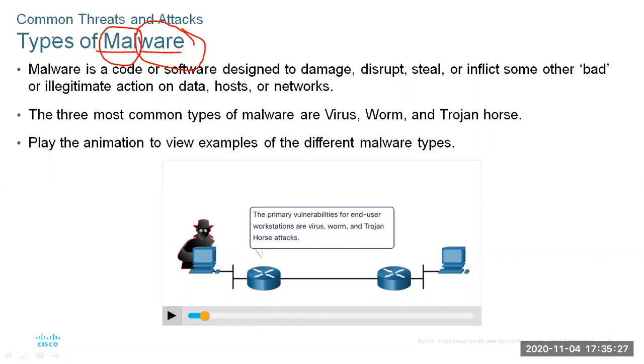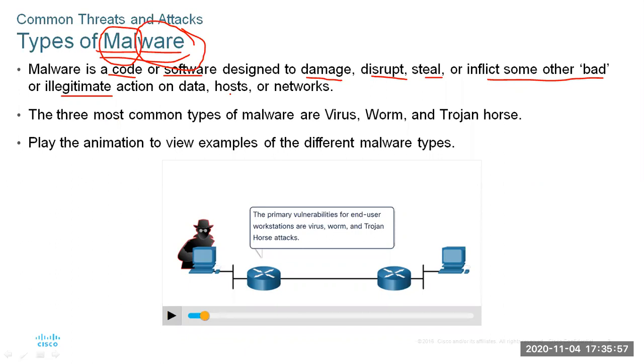So when we're saying types of malware, we're talking about different kinds of code or software that are designed to damage, to disrupt, to steal, or to inflict some other bad or illegitimate action on data, on a host, or on a network, as the case may be.